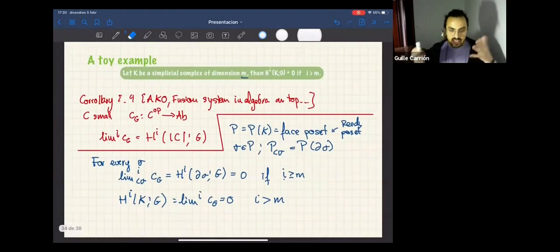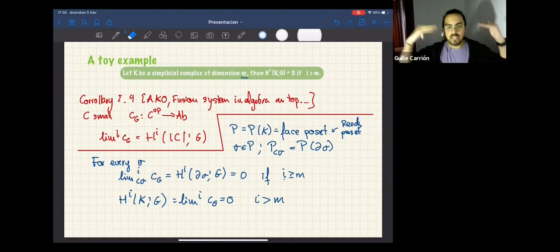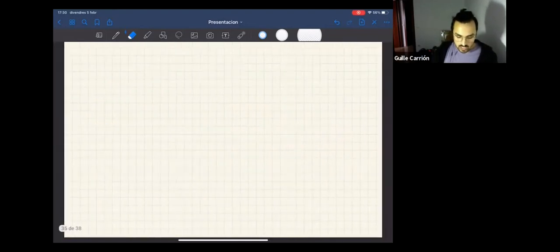And this is an example that if things go bad, like in a simplicial complex, where every time the dimension is growing, then we cannot do anything, because you cannot truncate if every time you are growing the dimension.